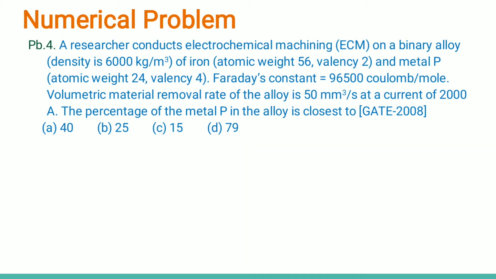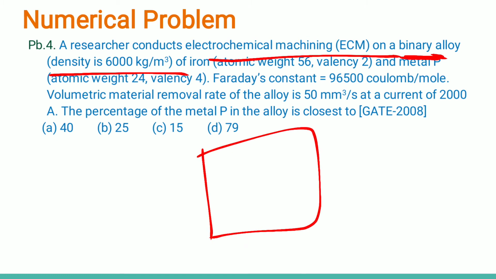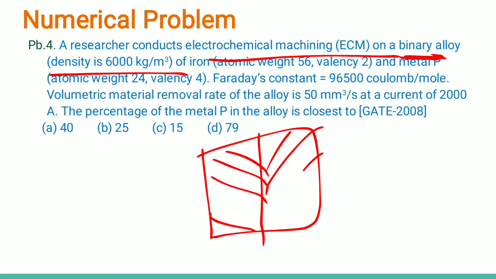Now the next problem was asked previously in GATE 2008. A researcher conducts electrochemical machining on a binary alloy. Now the workpiece material is an alloy, basically a binary alloy. Binary alloy means there are two different types of metals.